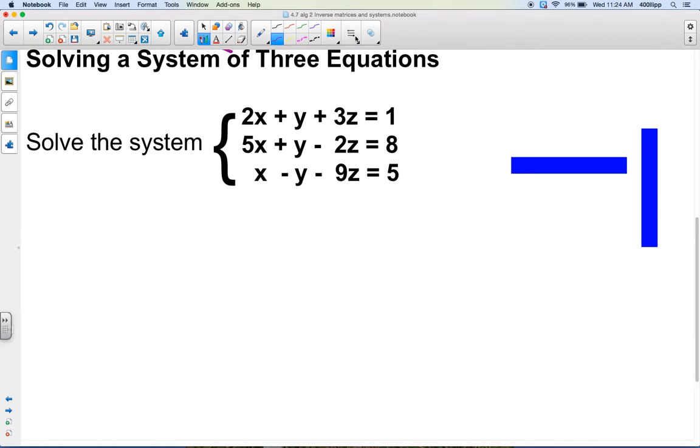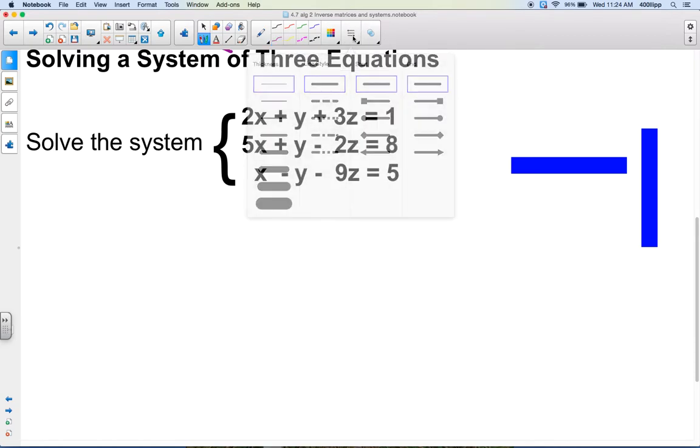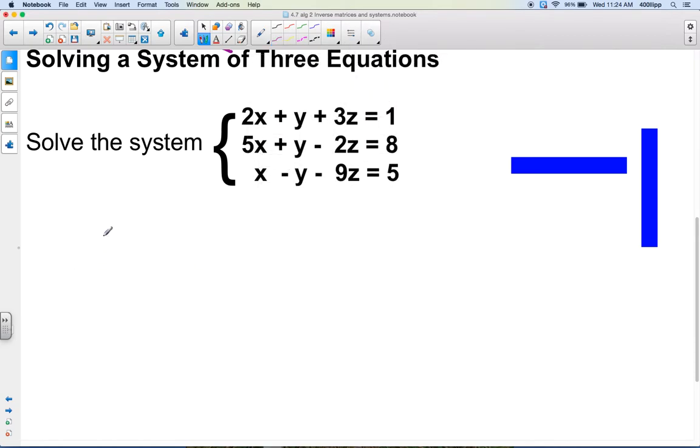Let's get started. Okay, so we're going to start the same way, just by writing out our coefficient matrix. 2, 1, 3, 5, 1, negative 2, 1, negative 1, negative 9. Let's make sure that we wrote it all correct. That's the first thing, and looks like we're all set.